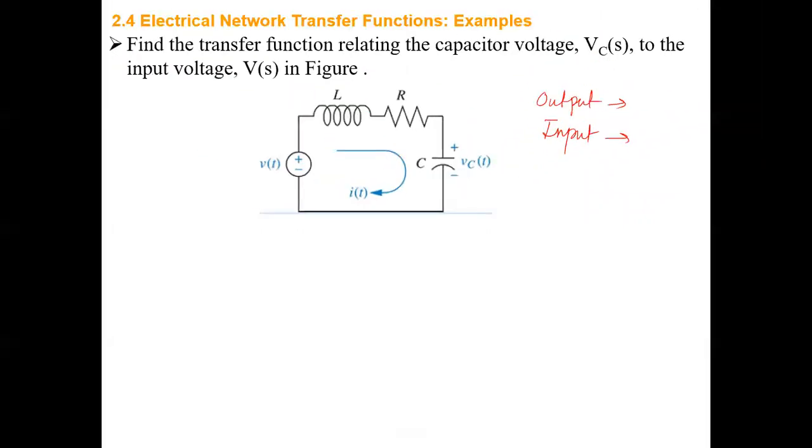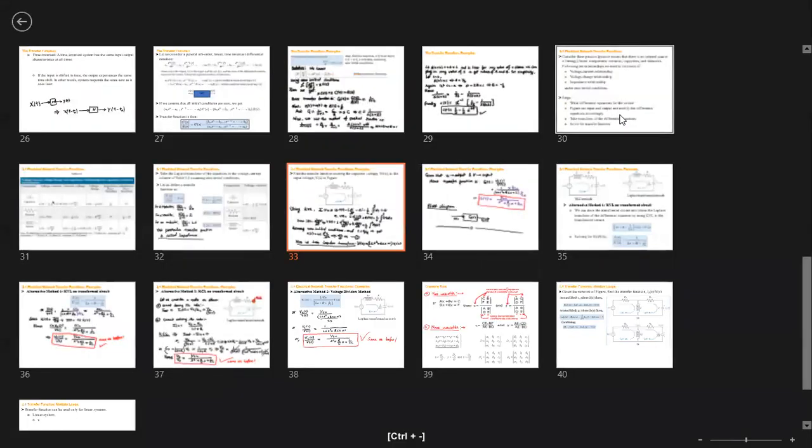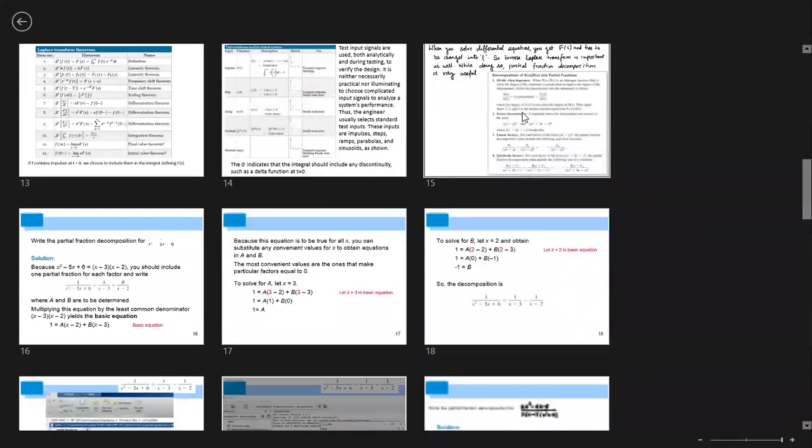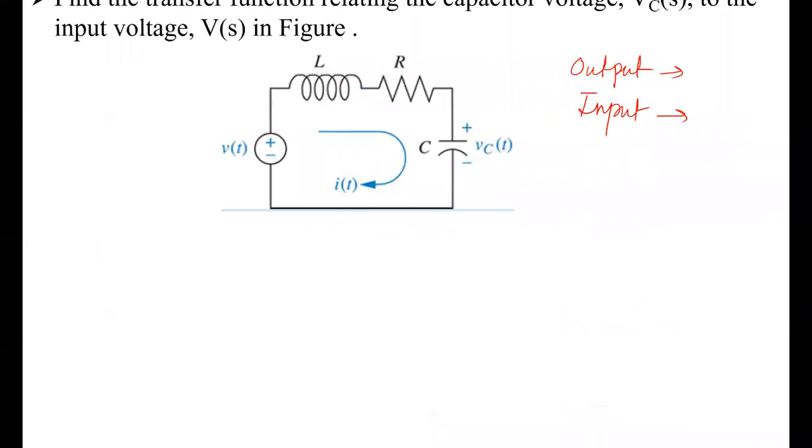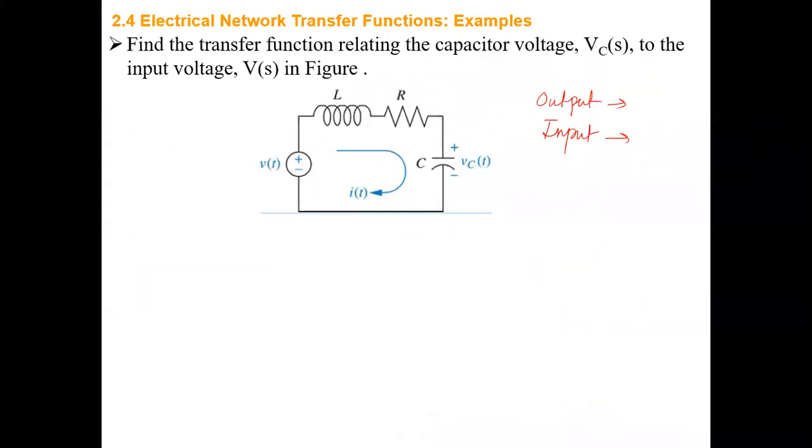Input is Vs. What is the output? Output is Vc, because it says transfer function relating capacitor voltage to the input voltage.